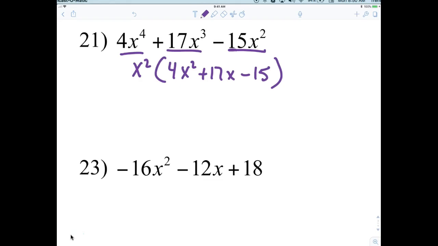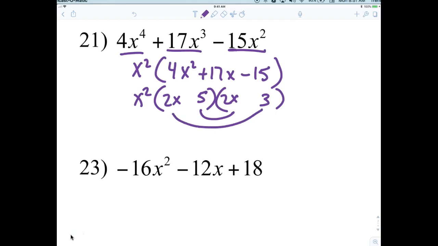All right, so again, x squared, 2 sets of parentheses. So I'm going to go with 2x and 2x, and then 5 and 3. 7 and 6. That doesn't work, does it? So now I'm going to erase. 5 here, 3 there.